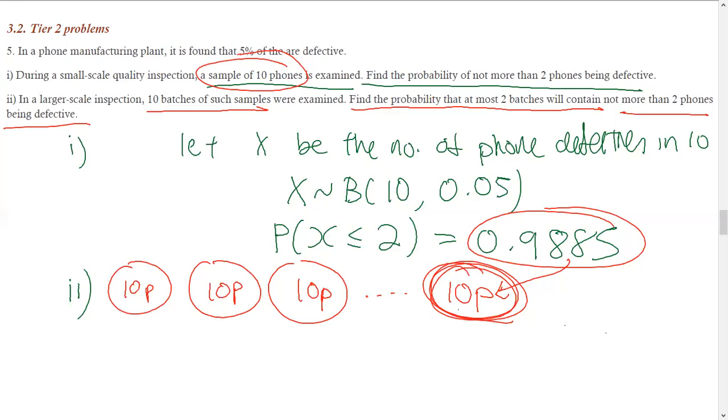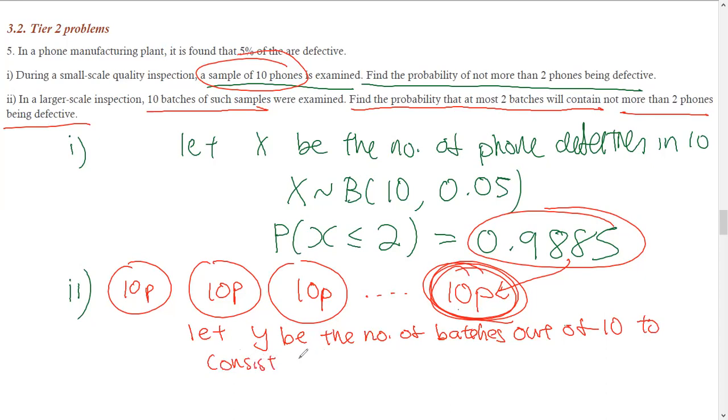So I need to redefine my variable. This is where the definition of the variable is important. Let y be the number of batches out of 10 to consist of no more than 2 phones defective.